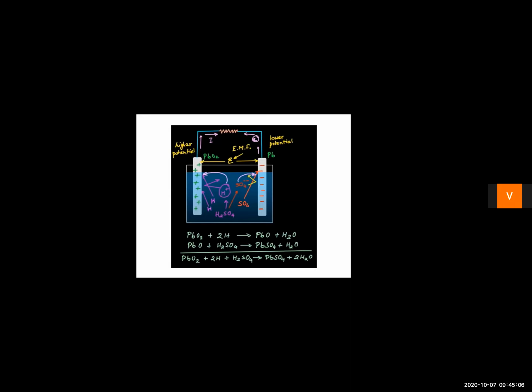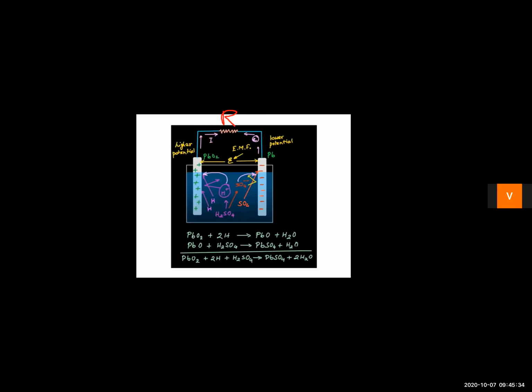Now, when we are connecting an external circuit, अब हम यहाँ पे, here you can see that we have connected a resistor of value R over here. So we have connected an external circuit over here. है ना बेटा? Now what will happen? We know that as the PbO2 plate is at higher potential and the lead plate is at lower potential, the current will flow from higher potential to lower potential.